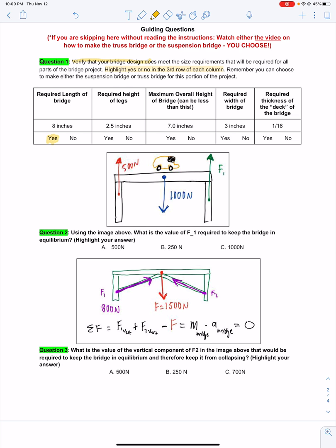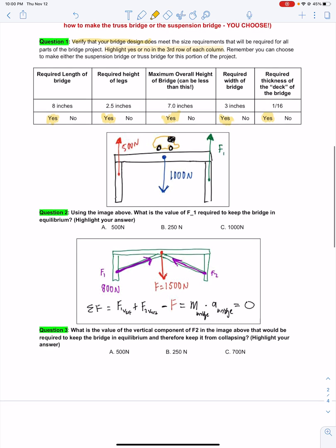Yes. Is the height of the legs 2.5 inches? Yes. Is the overall height of our bridge less than the maximum height, 7 inches? Yes. Required width 3 inches, certainly, and the thickness of the deck 1/16 of an inch.